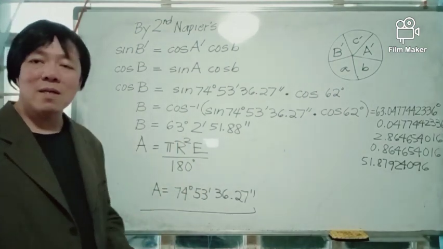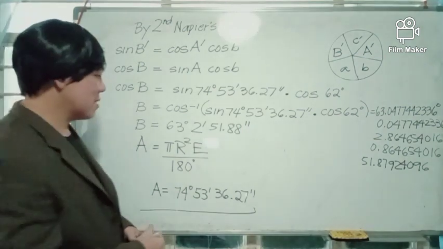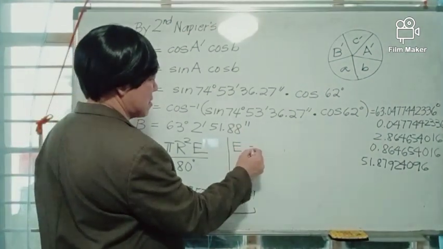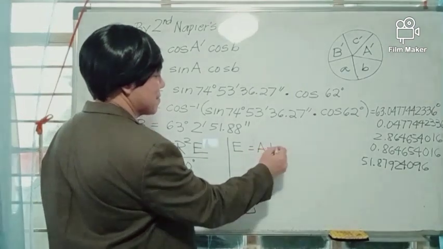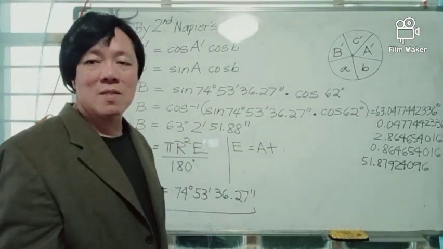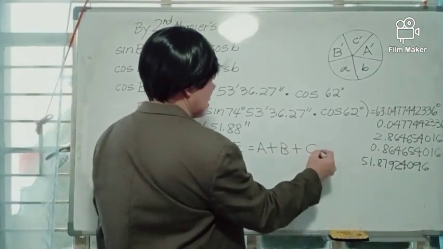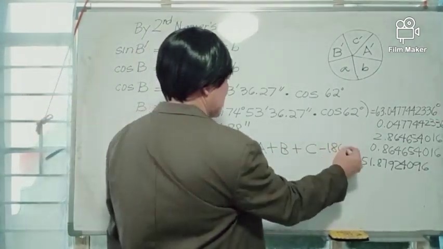We calculate the spherical excess E. The spherical excess E equals the sum of the three angles, capital A, capital B, capital C, minus 180 degrees.